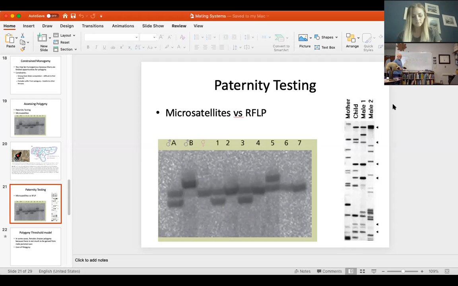If you have a mutation such that you are missing one of these sites, you will basically have 3 fragments, and these middle 2 fragments will be replaced by a longer fragment that is the exact length of the 2 other fragments.